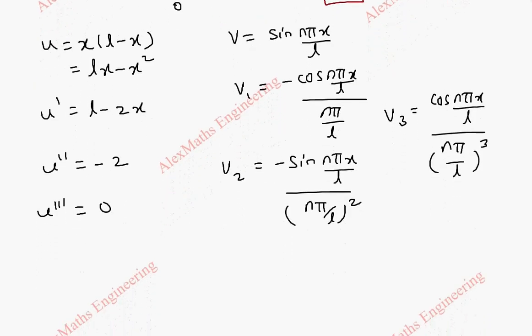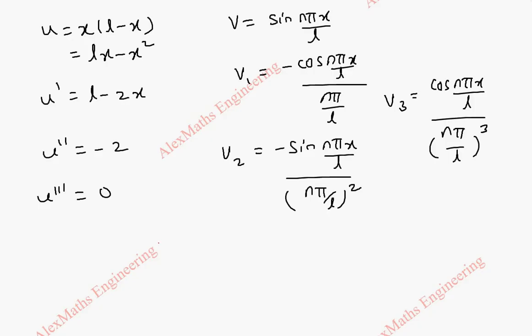Now Bernoulli's formula is u v1 minus u dash v2 plus u double dash v3 and so on.